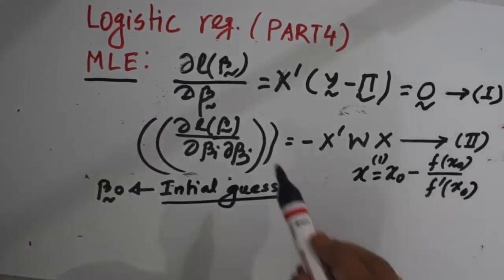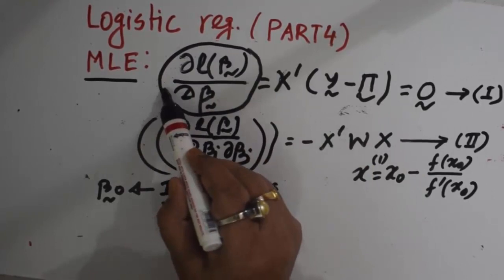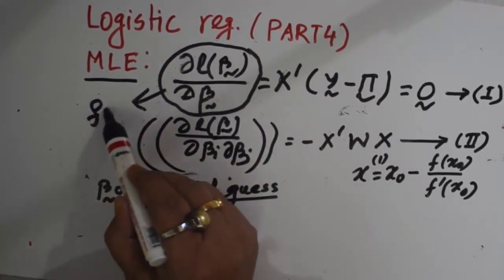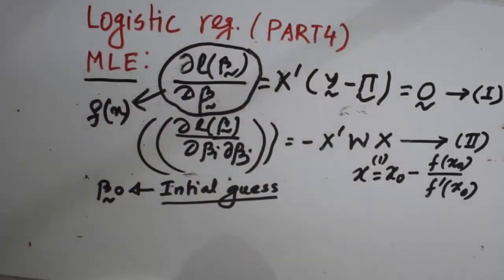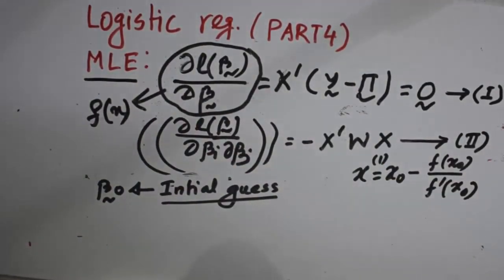So this is our f(x), and this should be 0.